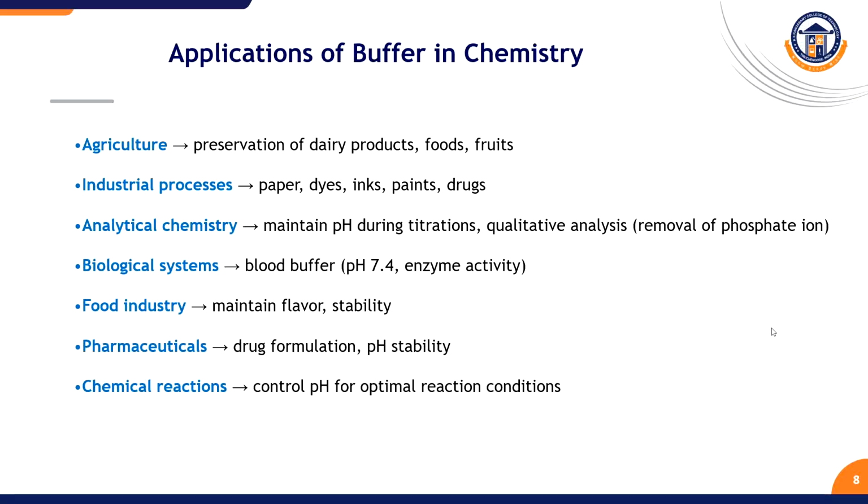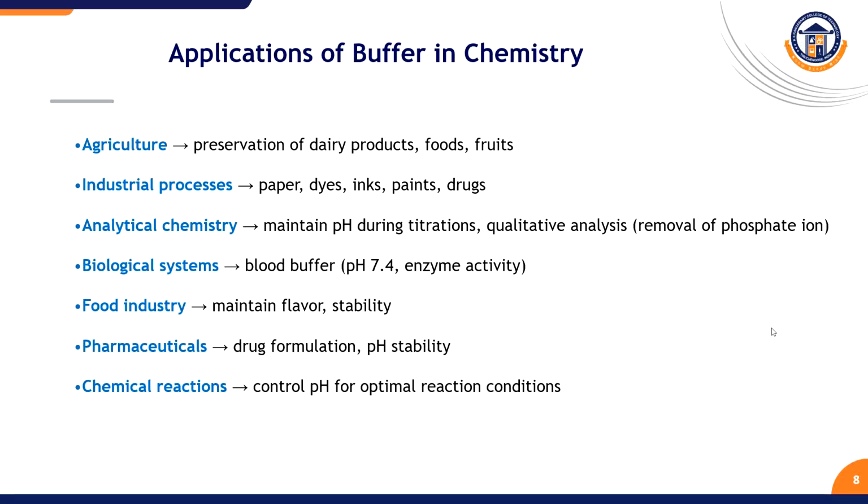In analytical chemistry, pH is maintained during titration to get sharp endpoints for qualitative as well as quantitative analysis. In biological systems, pH is very, very important. For example, in blood, the pH is to be maintained at 7.4.